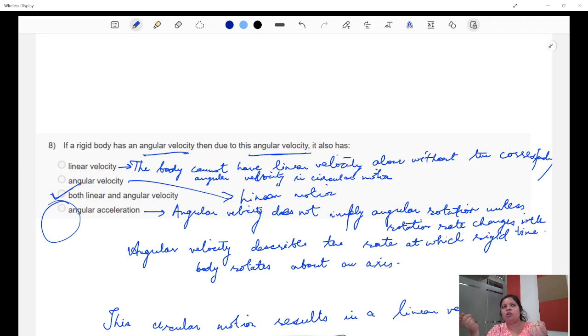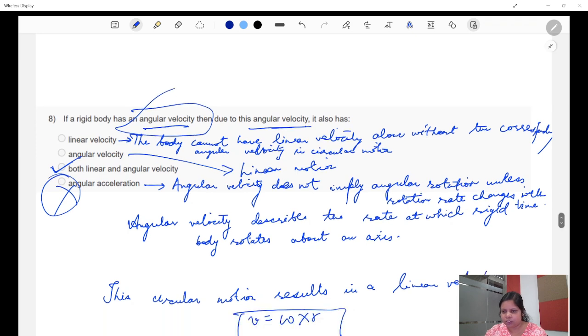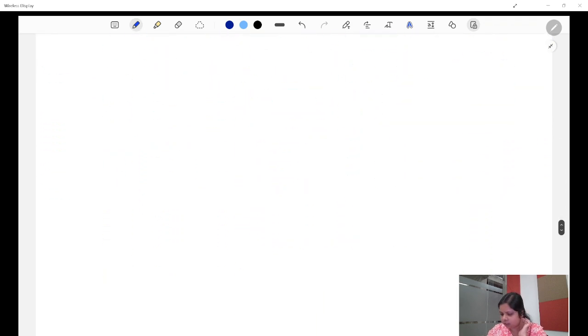But in our case, it is not happening because it is just angular velocity and it has nothing to do with angular acceleration, because angular velocity is not changing. We have a question that it has an angular velocity only. Okay, so this is also wrong. The only correct option is both linear and angular velocity.